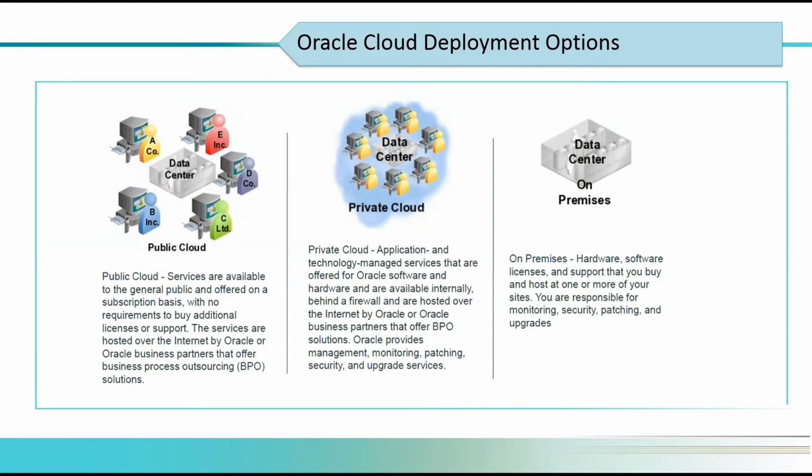So Fusion application, as I said at the beginning of the first slide, it offers you various deployment options. So these three, public cloud, private cloud, on-premise, are the three popular deployment options.